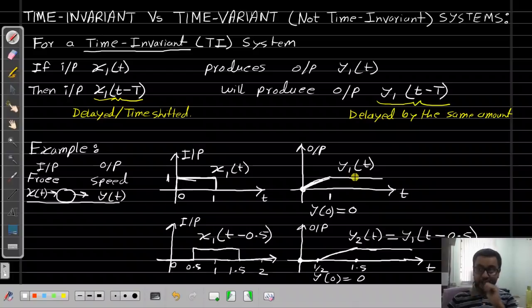A very important point. Please note that we have taken the initial speed to be 0.